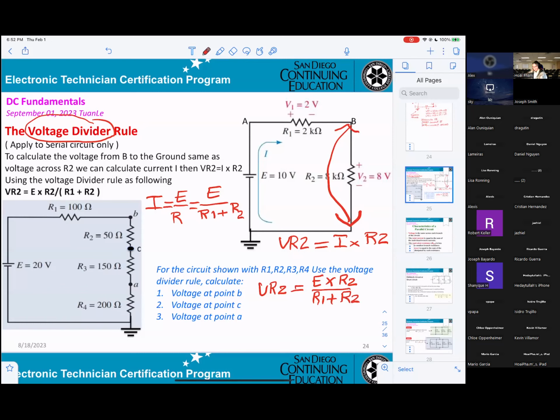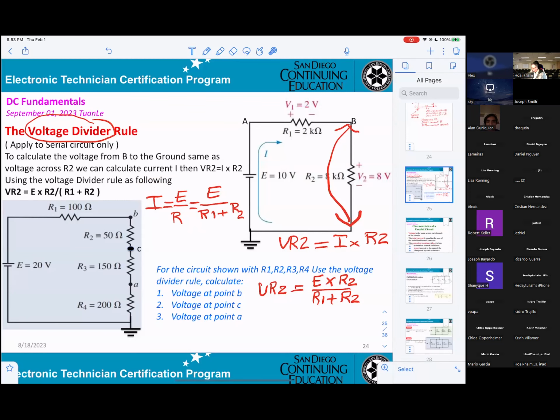Instead of having to calculate the current I here, you don't need it. You use this formula, and you're able to calculate the VR2. That's what we call the voltage divider law. So basically, this is a way to do it without calculating the current I.